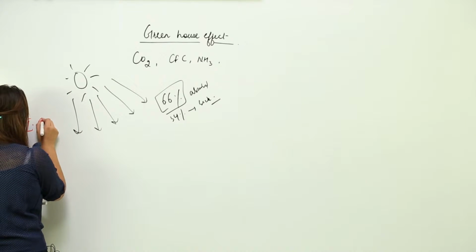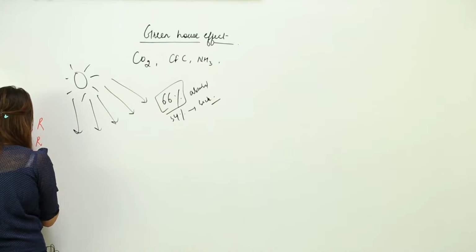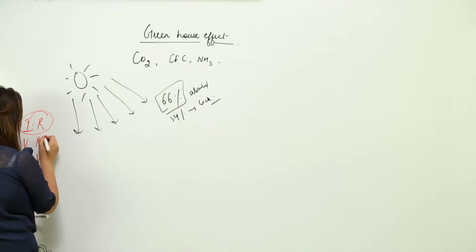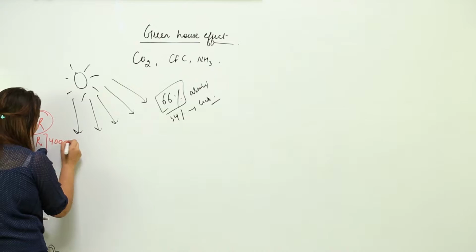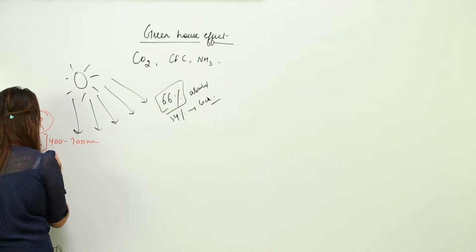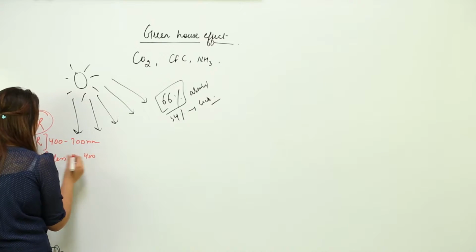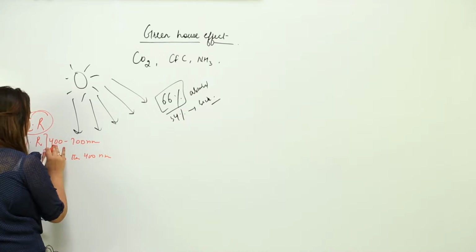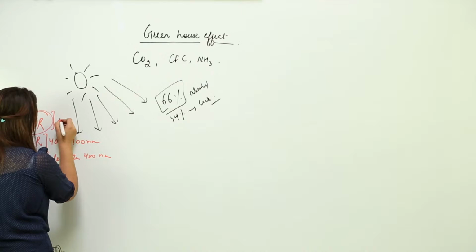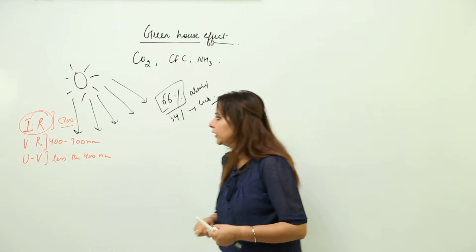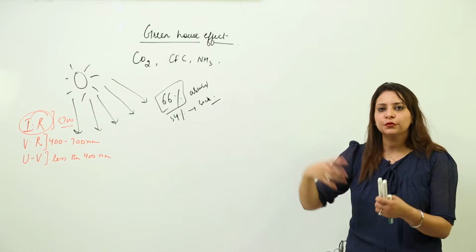One is the infrared, another is the visible region, and the third is the ultraviolet. Infrared is of longer wavelength, more than 700 nanometer, visible is 400 to 700 nanometer, and ultraviolet is less than 400. These radiations actually come from the sun.